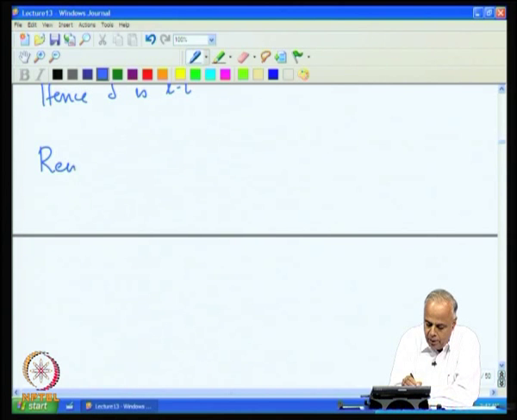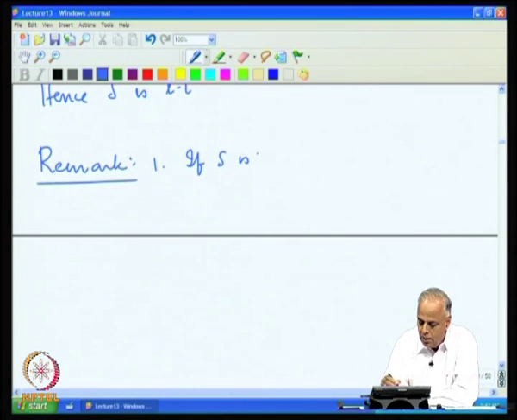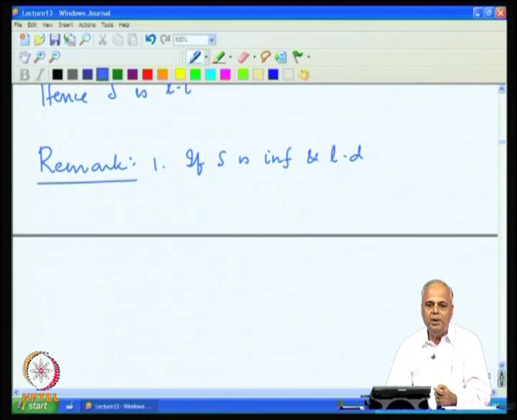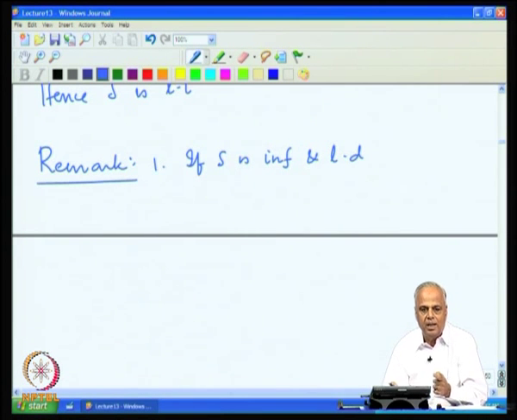So, an immediate remark we must note is that if S is infinite and linearly dependent, what is meant by linearly dependent? If it is not linearly independent, it must be linearly dependent. Not linearly independent means what? Negation of linear independence. Linear independence means every finite subset is linearly independent.